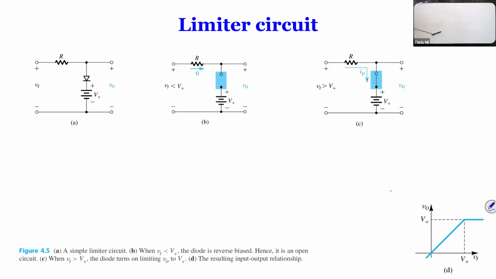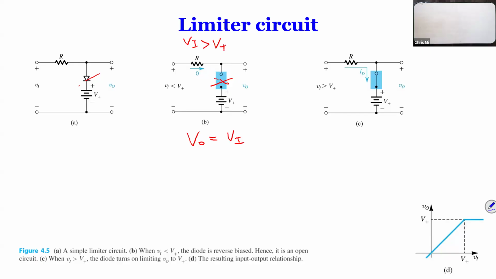It would just be the voltage Vi. If there's no current, it means this is open, right? So if this is open, you can see it passes through. So VO is simply Vi. So this is for Vi less than V plus, right?